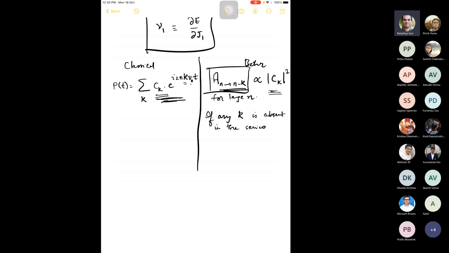If any k is absent in the series, then the n to n minus k transition is prohibited. Therefore, selection rules. The entire homework that I'm going to give you this week will be applying these Bohr principles that I'm listing out to the hydrogen atom, and you can gain a lot of information, and this explained a lot of the experimental phenomena.